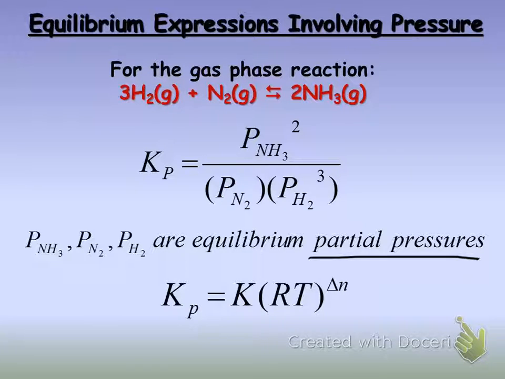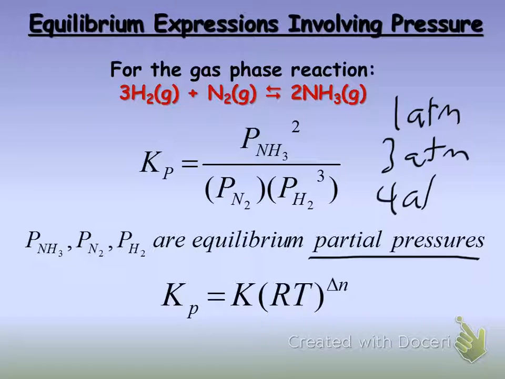Okay? So you have 3 gases in 3 containers. You put them all into one of the original containers, and some of them are at 1 atmosphere, 3 atmospheres, and 4 atmospheres. The total pressure ends up being, do you know?